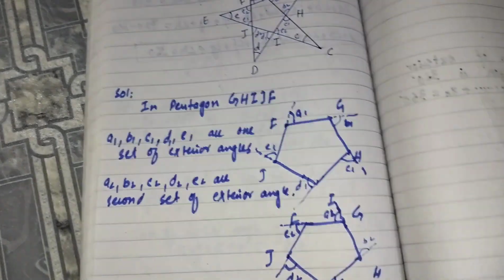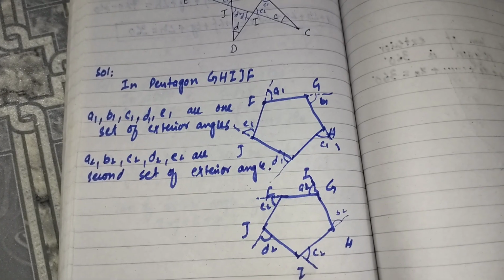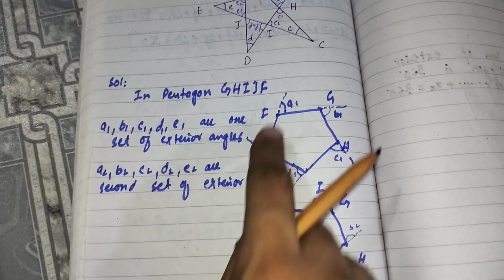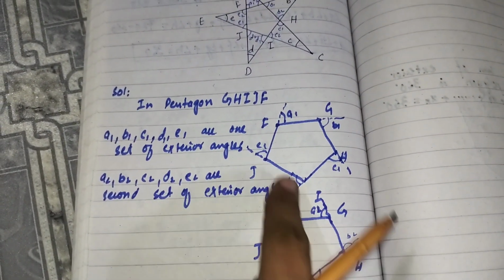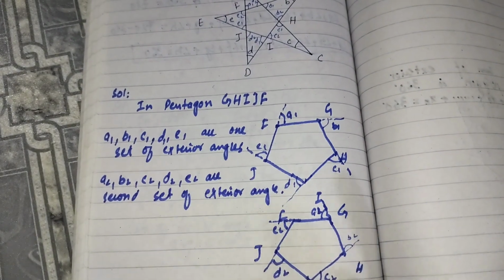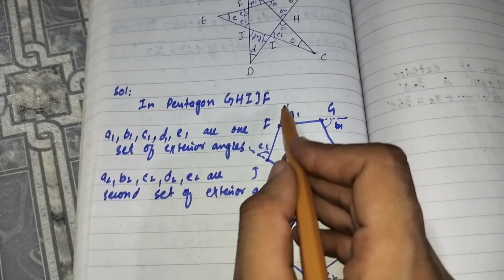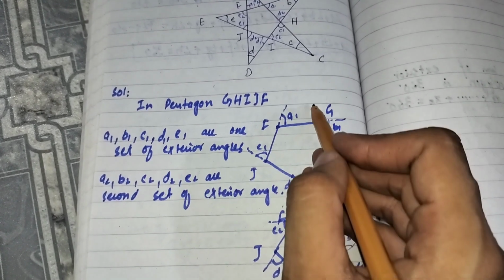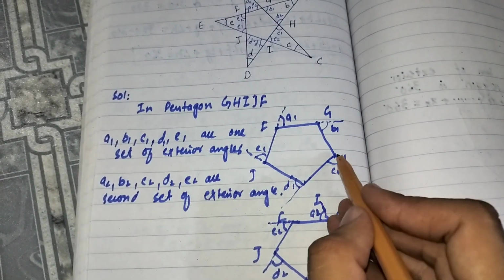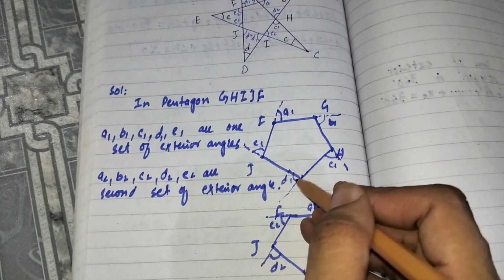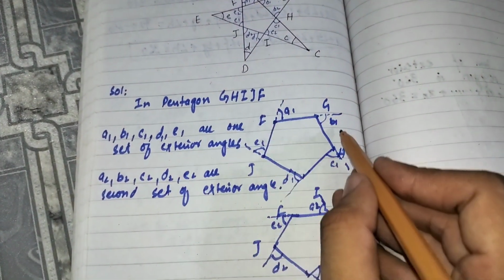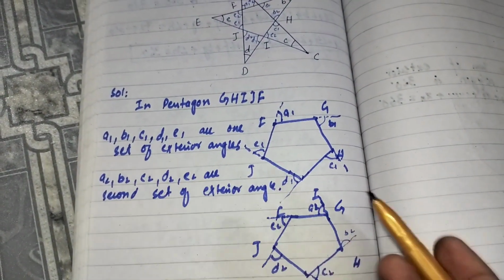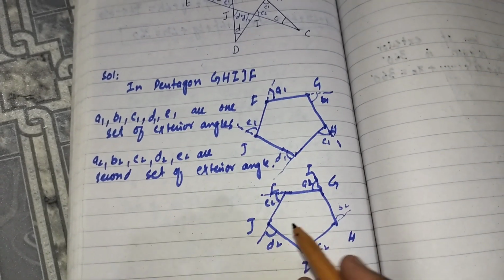I am trying to say that if I take A1, then A2 cannot be considered, because if you extend this line, this is A1, then you have to extend this line, and this line cannot be extended in this shape. So these are all the exterior angles of one set, and these are all the exterior angles of the second set.